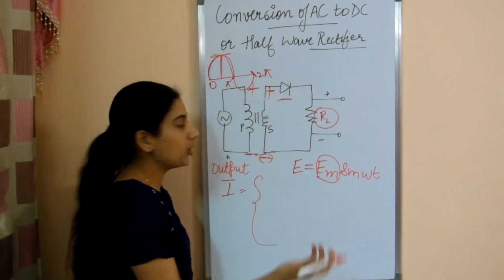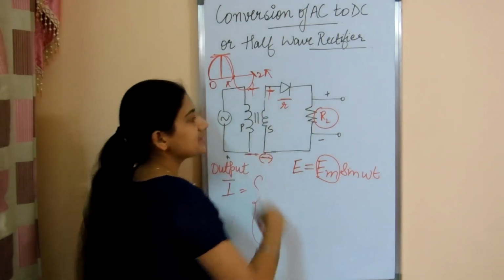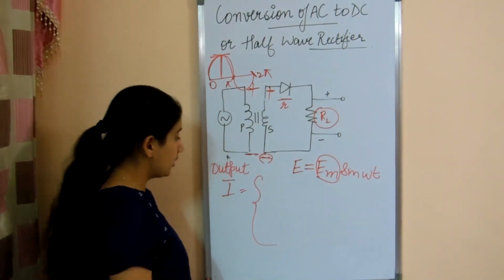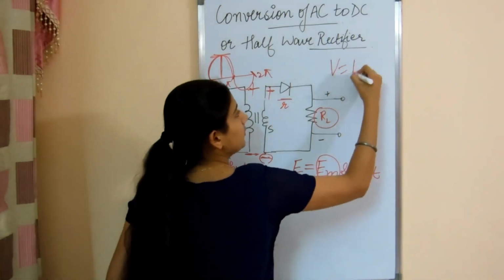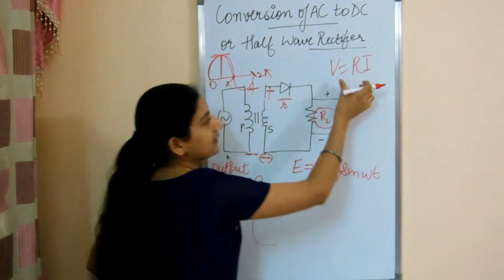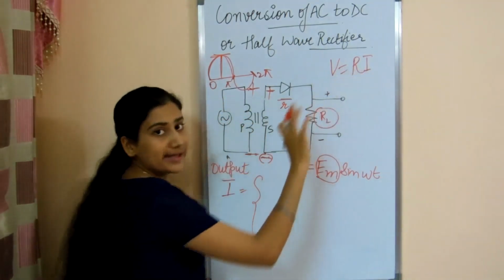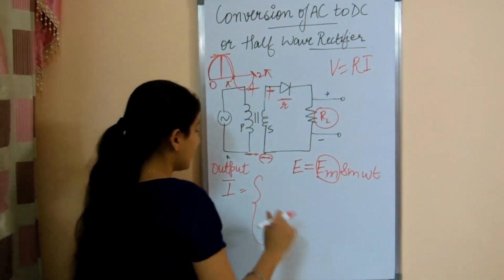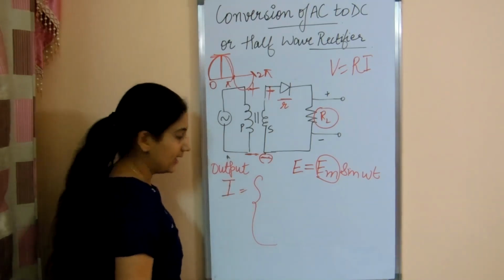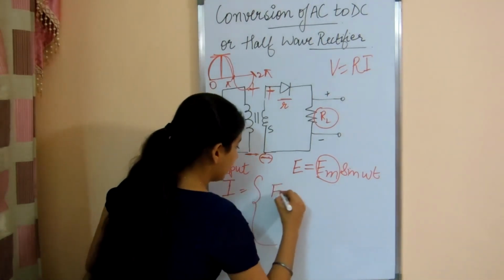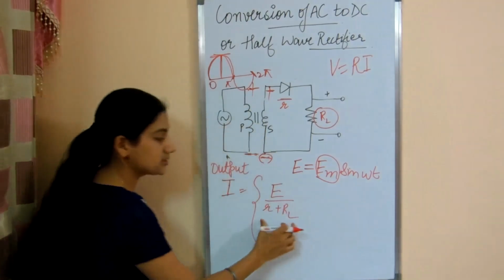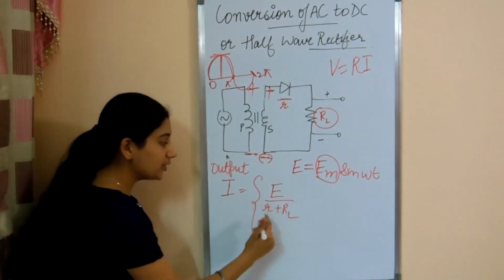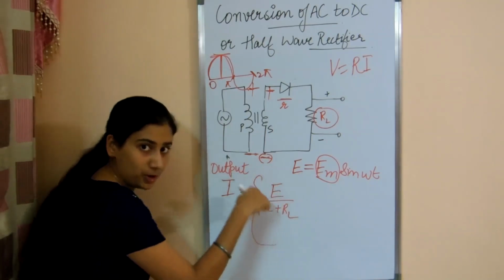It is a practical diode which we have. So let its resistance be small r. According to Ohm's law, V is equal to Ri, that is, voltage and current are directly proportional to each other. So we can calculate i as E divided by R plus r. This is the total resistance, and we are going to get this much output of current.